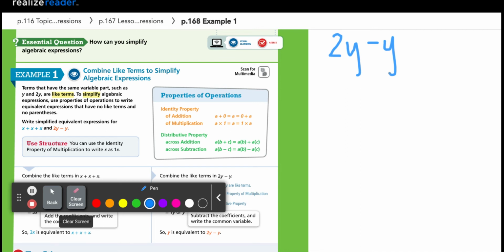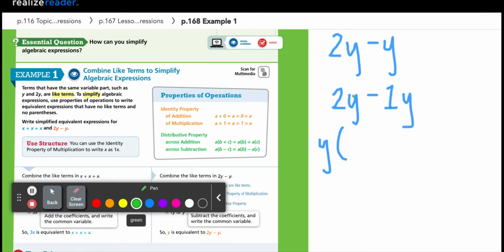So 2y minus y. That's really like we're saying 2y minus 1y. So let's factor the y out of this expression. I'm pulling the y out. So if I pull the y out, I'm left with 2 minus, okay, I got rid of that y, 1. Let's solve what's in the parentheses. 2 minus 1 is 1.